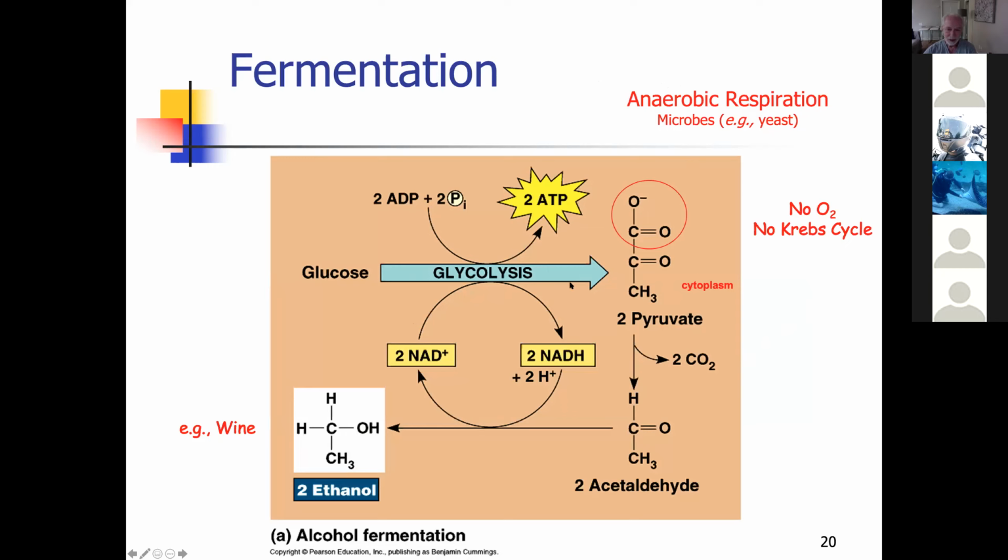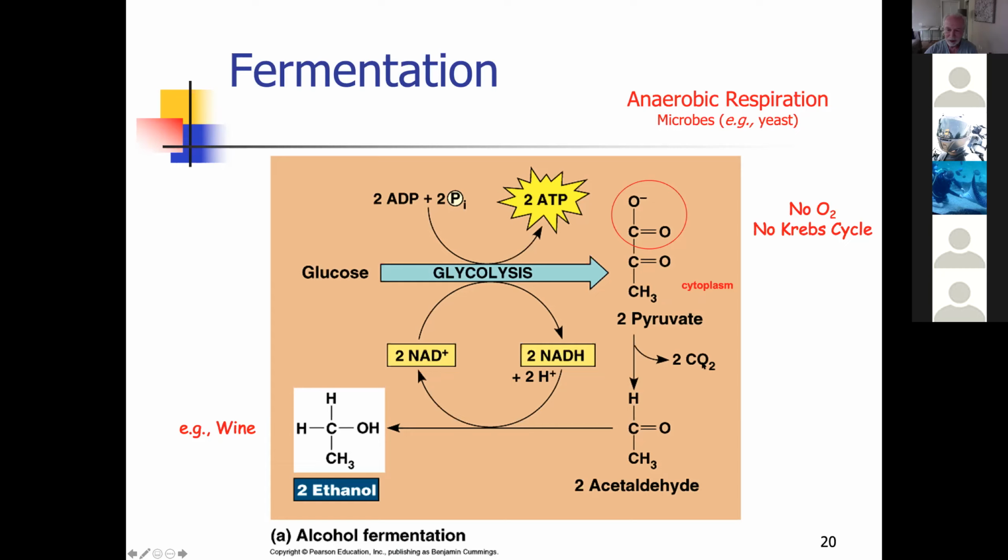So glucose gets split into 2 molecules of pyruvate, and this normally would go on to the Krebs cycle, the electron transport chain, but there's no oxygen, there's no Krebs cycle. So what happens to the electrons?